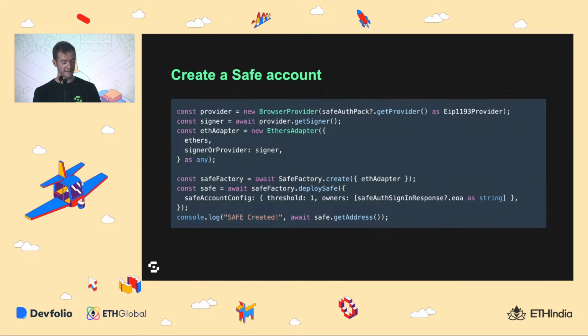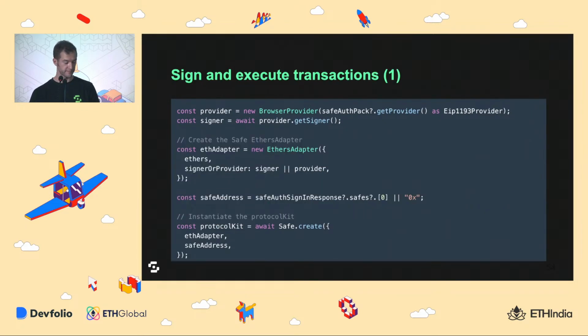This signer, if we go to the previous line, we see that we are getting from provider.getSigner, and this provider, in the first line, we are getting it from the safeauthpack.getProvider. So that's how we deploy a safe where the signer is the EOA from the MPC, from Web3auth.